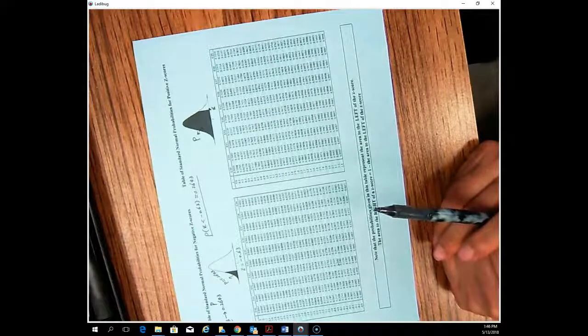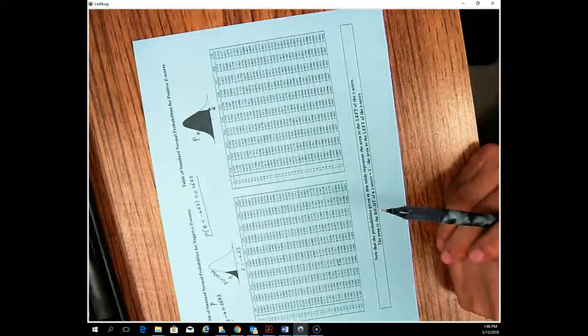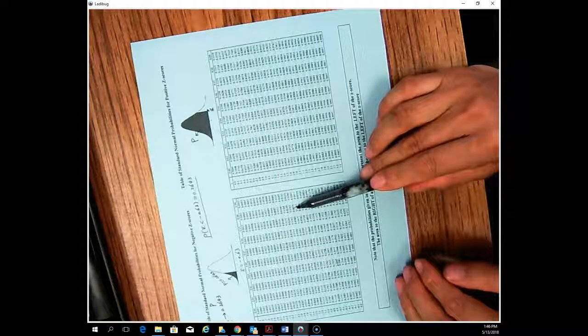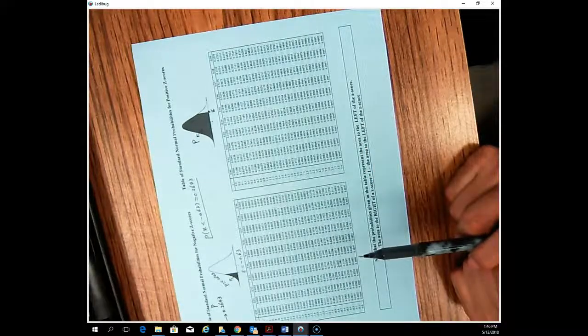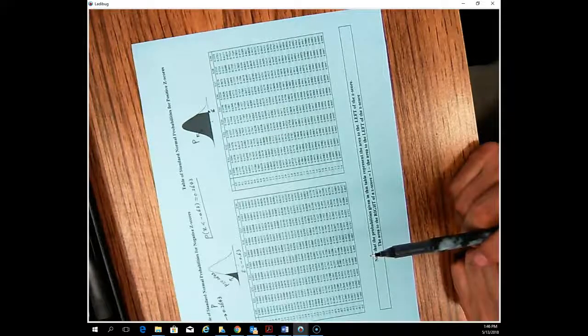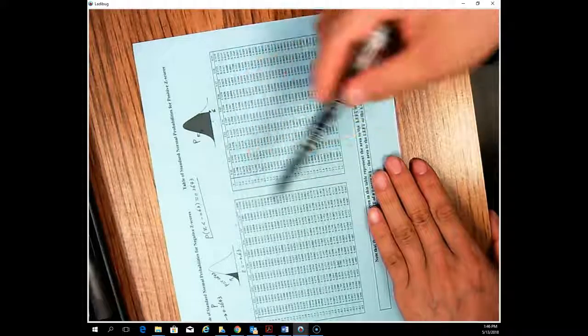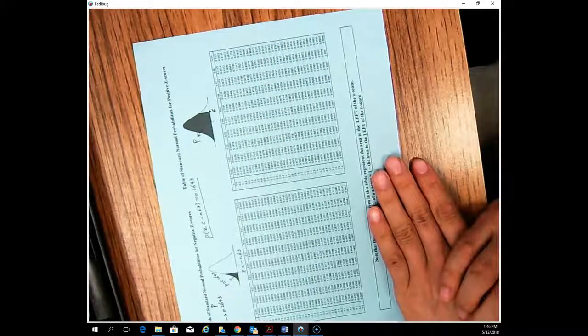So the z-table basically gives us a one-to-one relationship between any z-score and its probability. And that relationship is displayed by the density curve on top of the z-table.